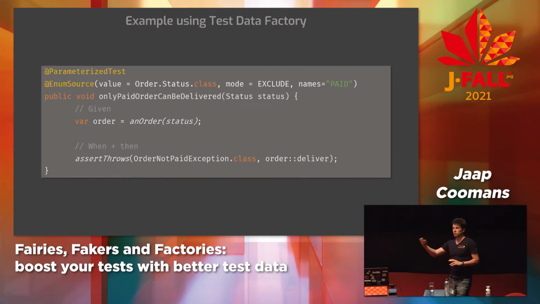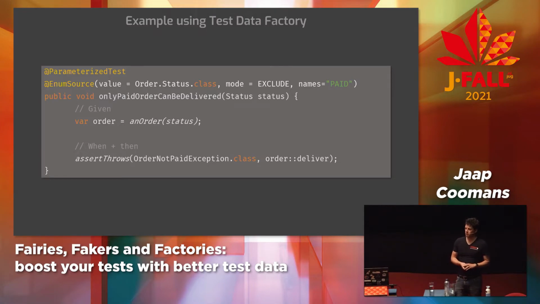Now, a little more complicated example. Say, in my bookstore, I want to be able to deliver books, but only orders that have been paid can be delivered, and I want to test that. So what I actually want to test is that I cannot deliver orders that don't have status paid.